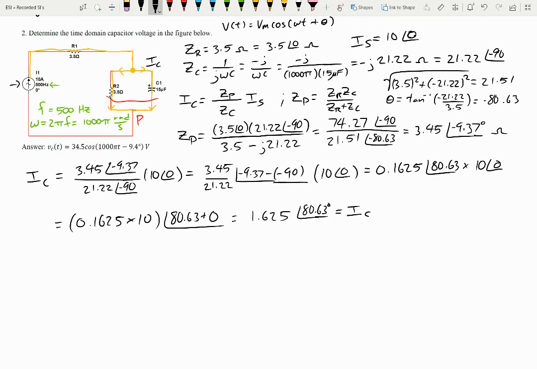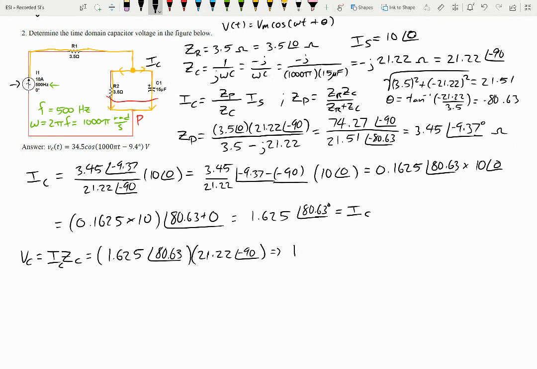So we're almost there. To find VC now, it'll just be I times ZC. So IC, we said, is 1.625 at angle 80.63 degrees. ZC, we said, was 21.22 at angle negative 90.